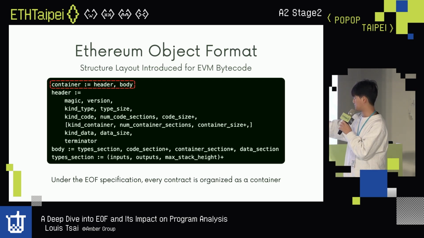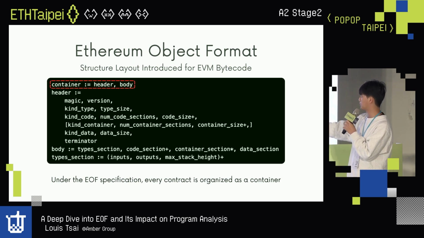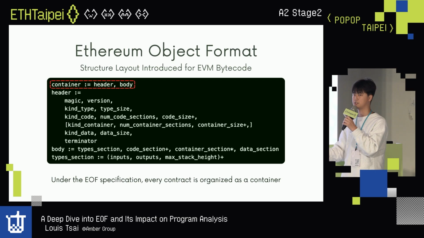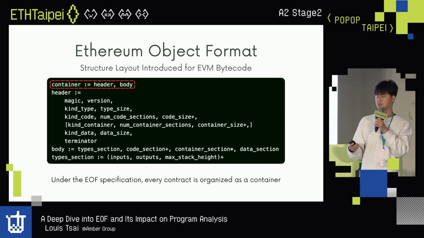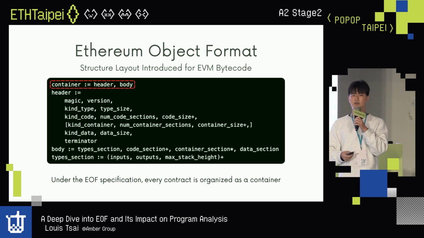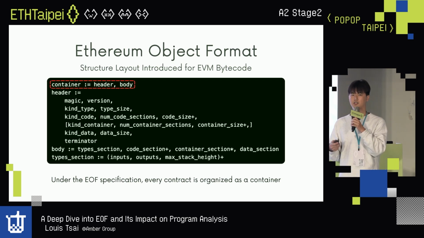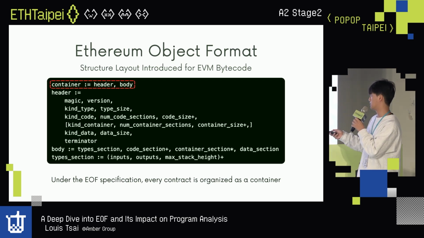We have the type kind, the code kind, the container kind, and the data kind. And the header stores important metadata for each kind, like its size, while its actual content, the value associated with its logic or data, is stored in the body part.